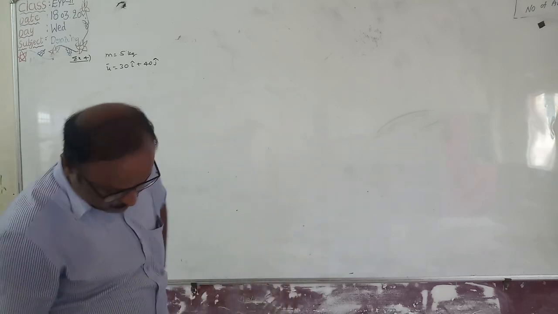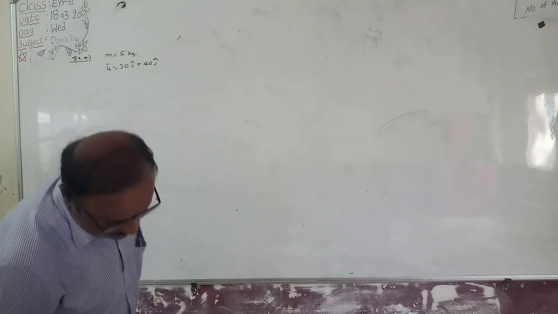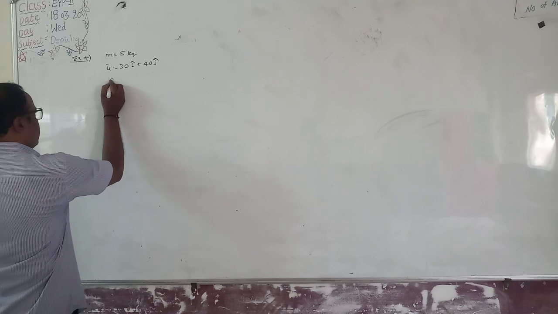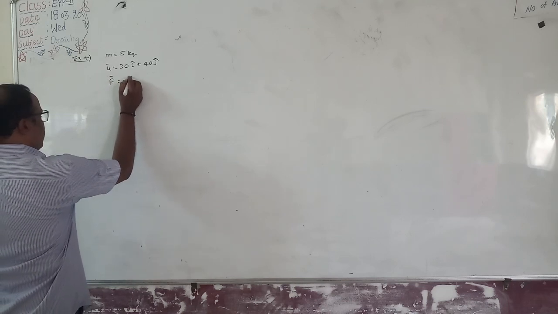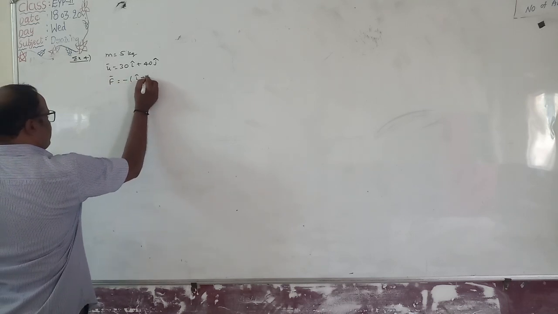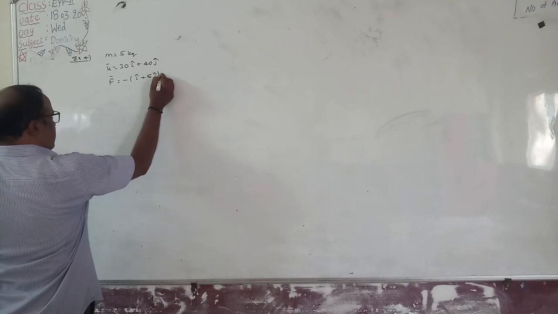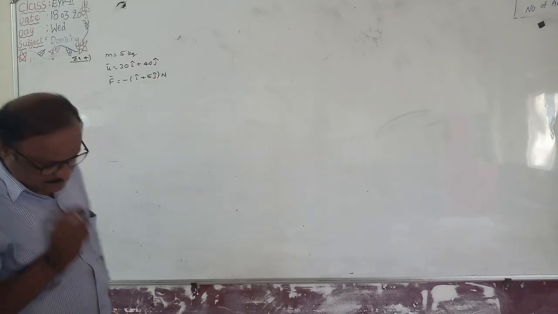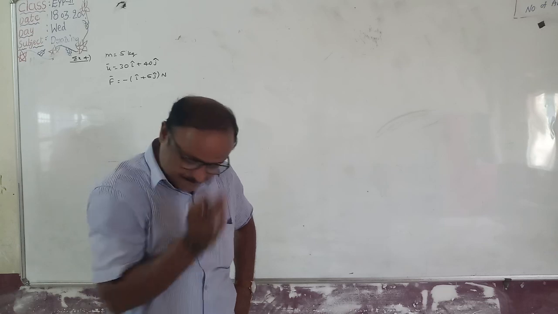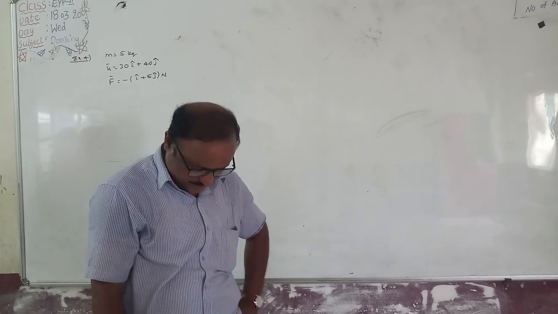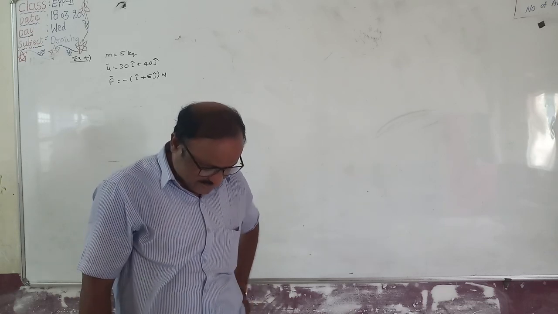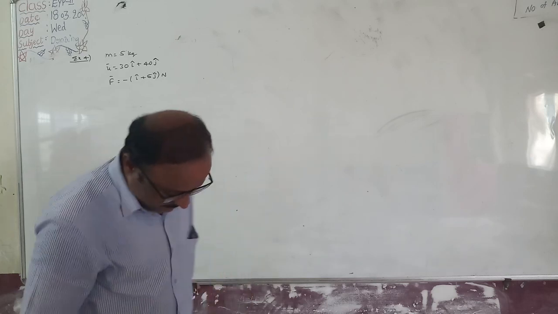If a constant force of F bar is equal to minus i cap plus 5 j cap newton acts on the body continuously, find the time after which the y component of velocity becomes 0.